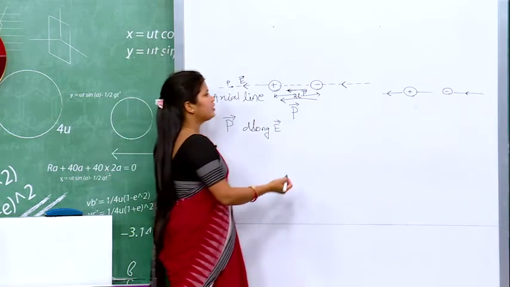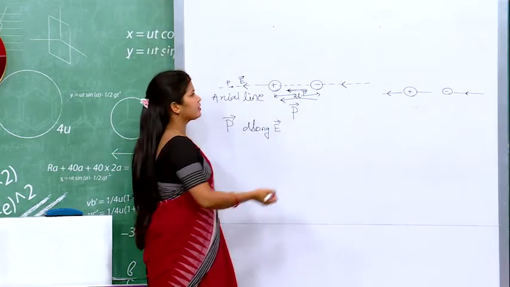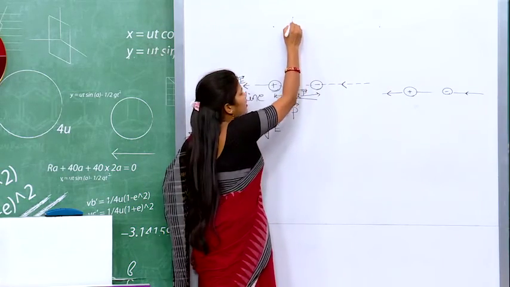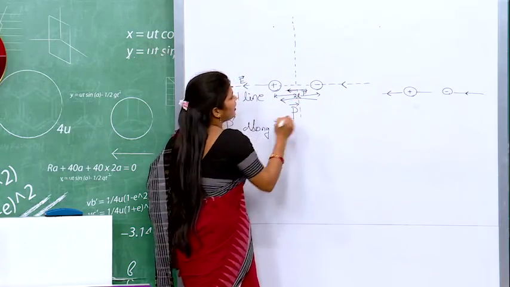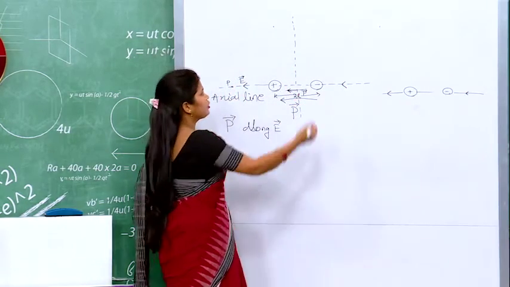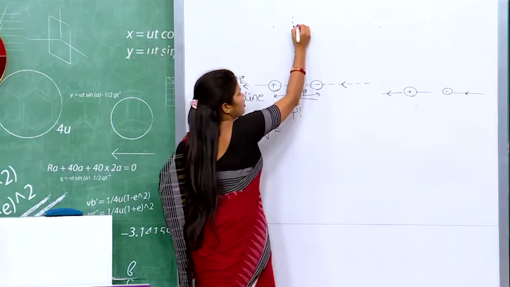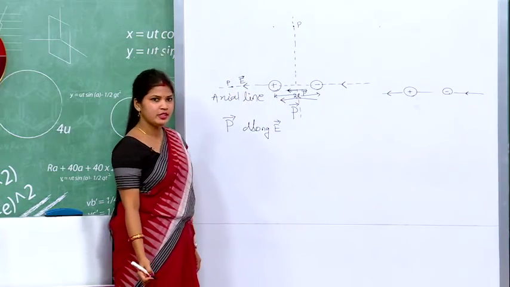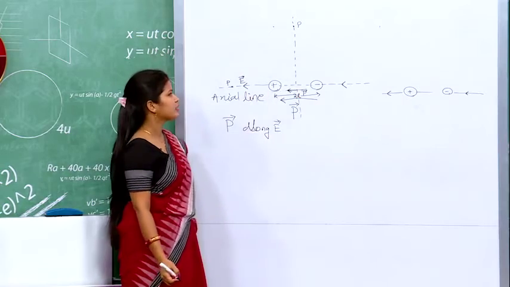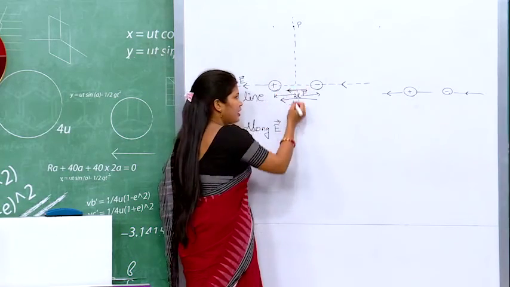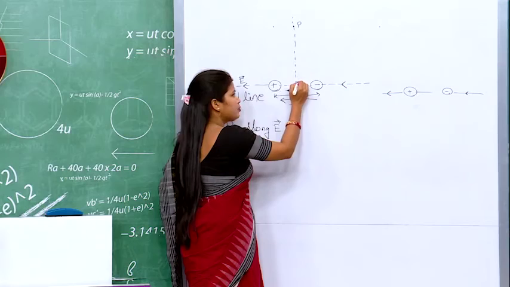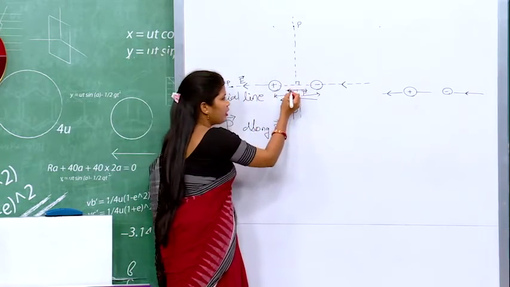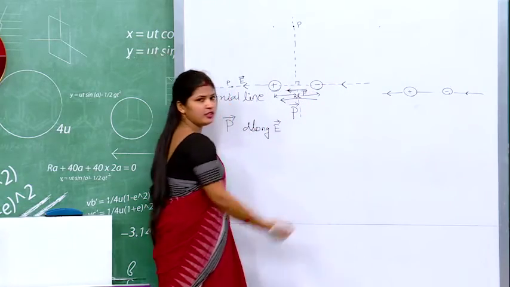Then what is the equatorial line? Suppose the equatorial line is like this, and here is the point of observation where we want to find the electric field intensity. This is our equatorial line, or we can say it is the perpendicular bisector. That means it is perpendicular and bisects the line.